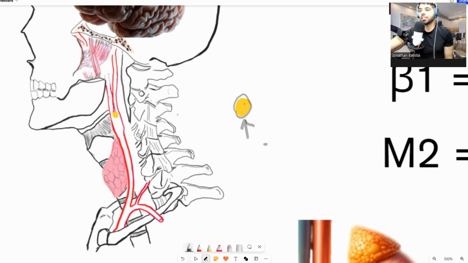It's going to send a depolarization signal to the afferent nerves. So the afferent nerve system here will basically make its way to the medulla, right? The medulla at the neurological level. So let me show you an image of medulla.